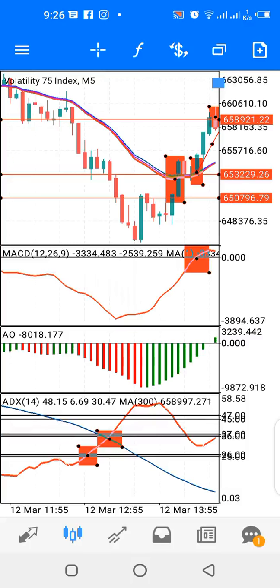Then when it crosses above the 47 level, buy. Also for sell, when it crosses here, sell.